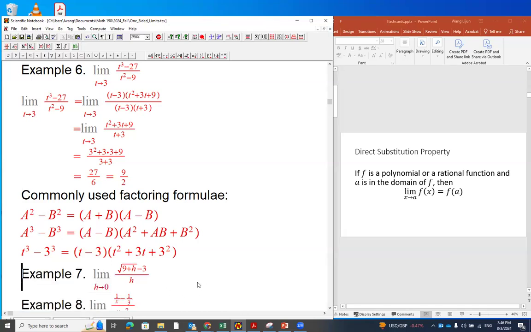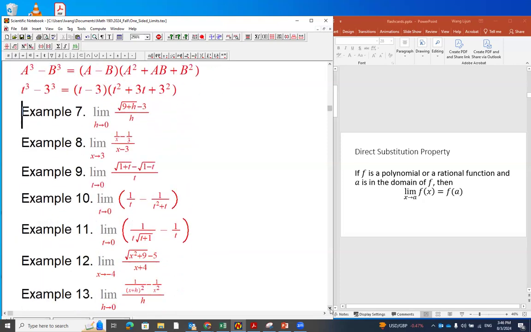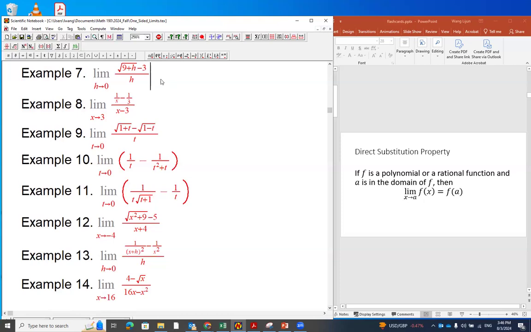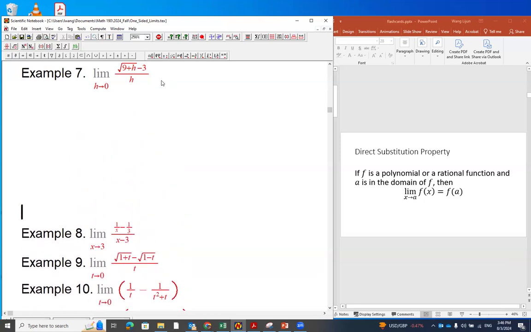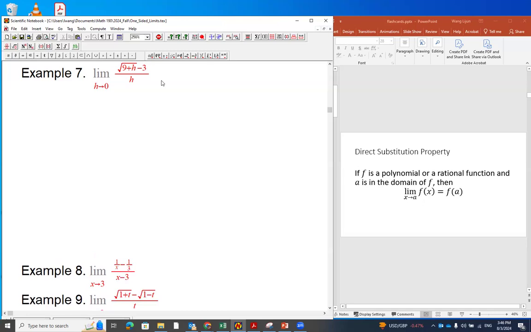Now let's look at example number 7. Number 7, we encounter the same issue. Obviously, we cannot apply limit laws and we cannot do direct substitution, because as h approaches 0, the denominator is going to be 0.